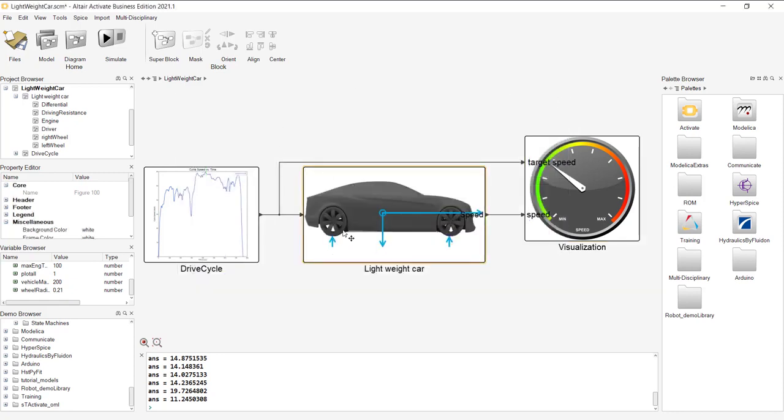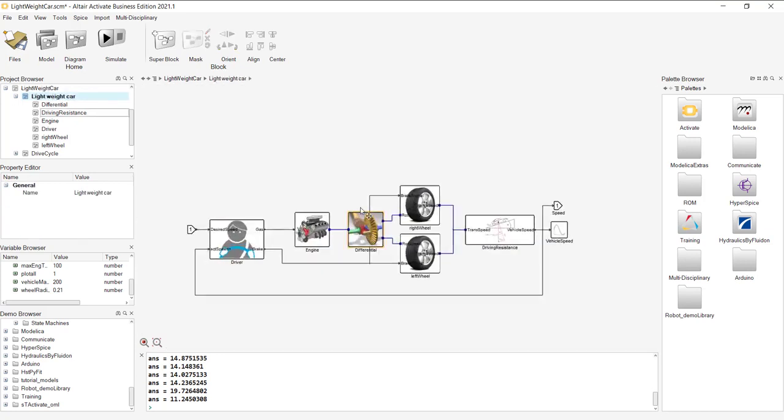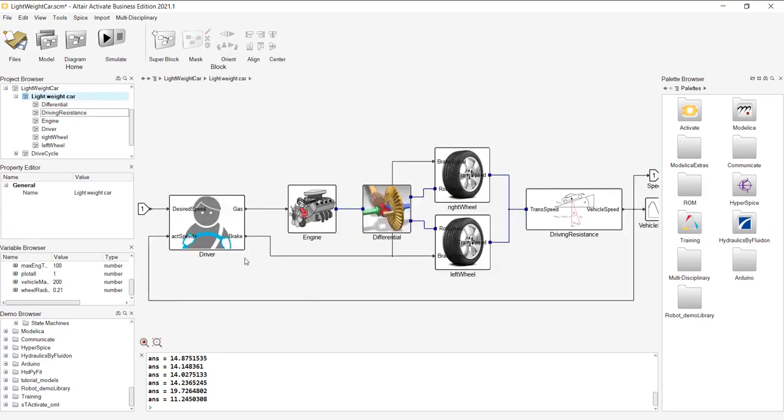So I can zoom into this car subsystem and see that it starts with a driver.